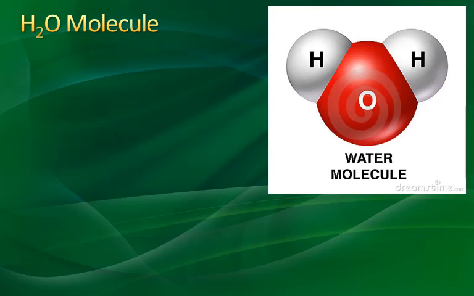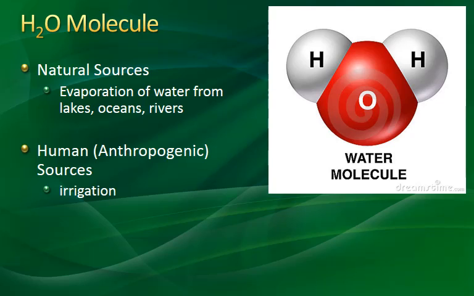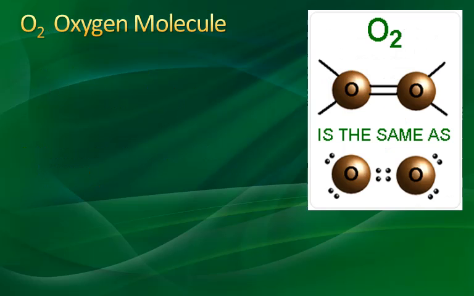And these are caused by the increase in different types of greenhouse gases in the atmosphere. And so it turns out one of them is the water molecule. So the more water vapor that is in the air, the greater the greenhouse gas effect. And so we have quite a few natural sources of this: evaporation of water from lakes, oceans, and rivers. Human sources: irrigation.